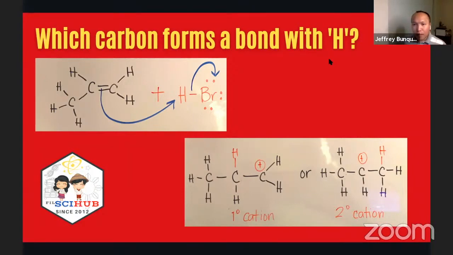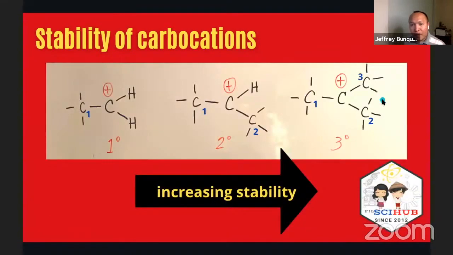What I really want to communicate here is that the most stable amongst the different types of carbocations that can be formed is what we call a tertiary carbocation, because it has 1, 2, 3 carbon centers around it. It's followed by a secondary carbocation, which has 1 and 2 carbon centers around it. Of these three, the least stable carbocation is a primary one because it only has one carbon atom around it.